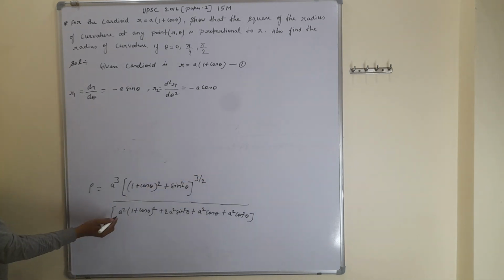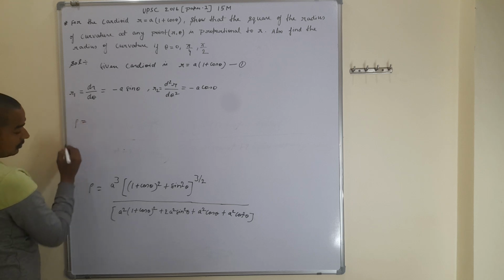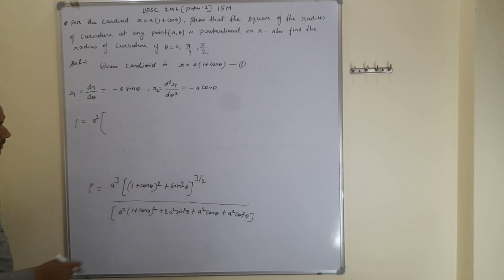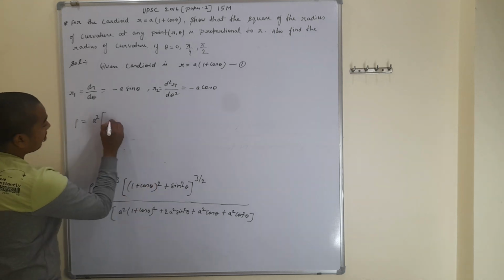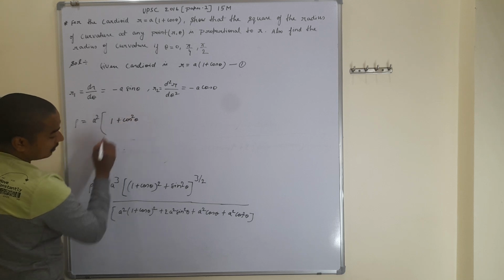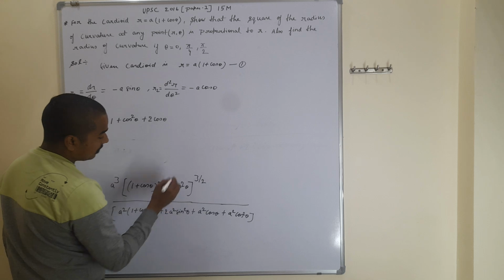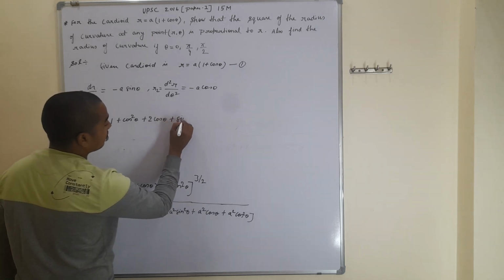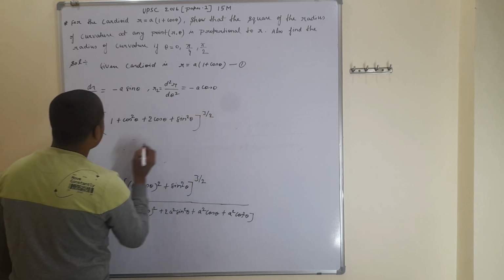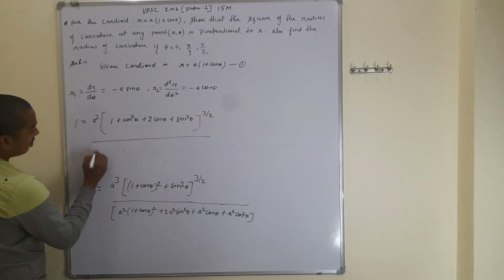Taking a square common from the denominator, rho is equal to a cube, open (1 plus cos theta) whole square, that is 1 plus cos square theta plus 2 cos theta, plus sin square theta, the whole power 3 by 2, upon a square common out. Here a square to a cube cancels out, remaining is a.